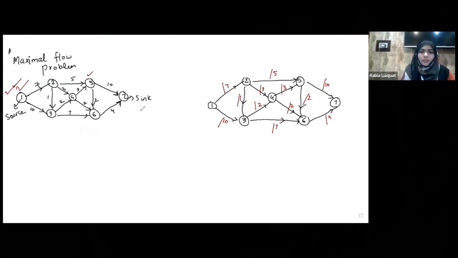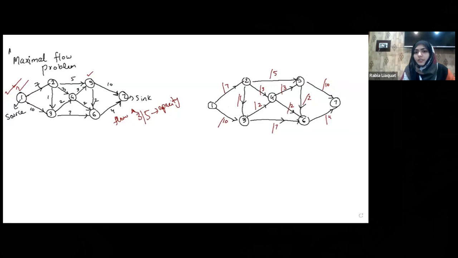For example, we have 3 by 5. Here is capacity and here is flow. So first of all, we want to move from 1 to 7. There are two paths from 1 to 7. One is from 1 to 2, 2 to 5, 5 to 7.